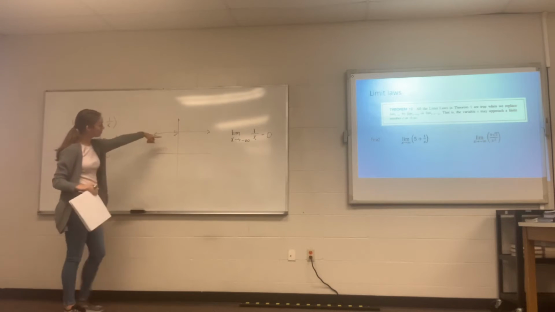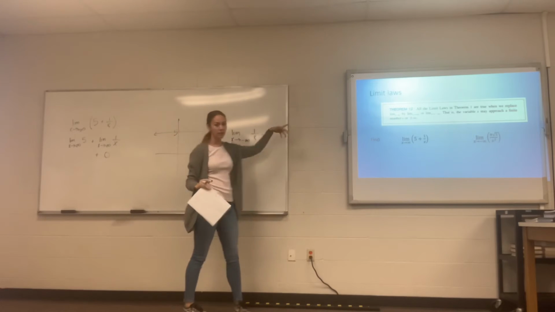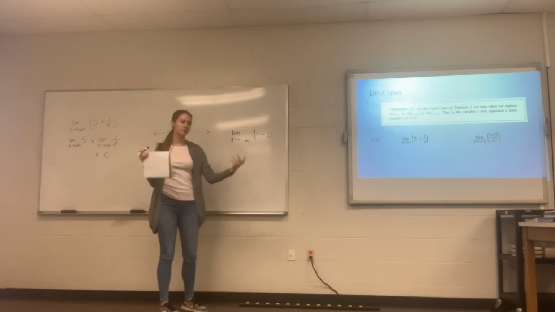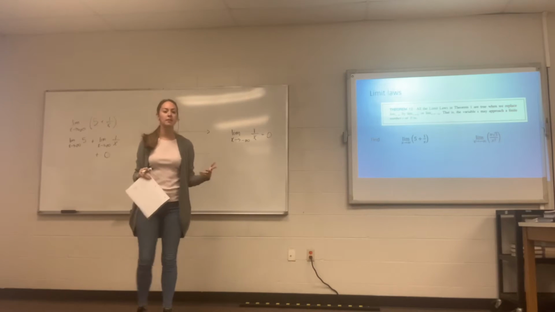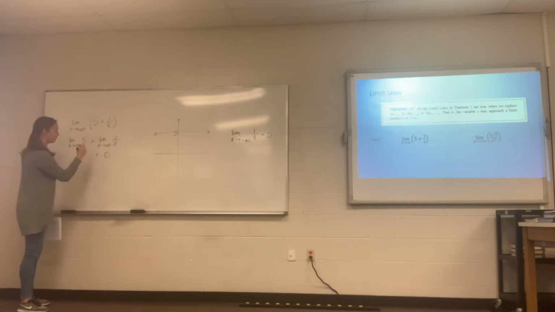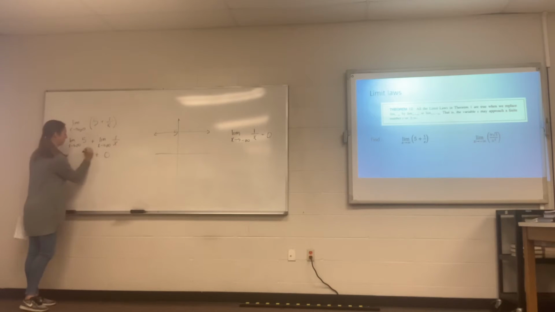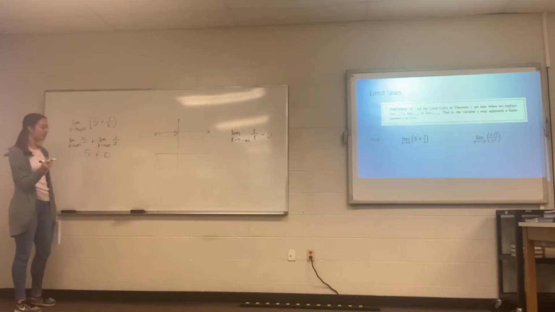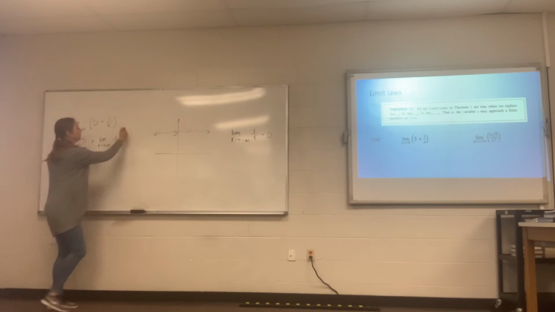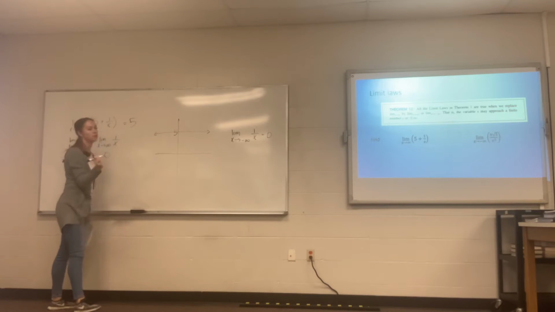As it's going out to infinity, the limit would just be 5 because it's just a straight line at 5. It's always being limited to 5. So my limit as x approaches infinity of 5 would just be 5. So I would then have 5 plus 0, which is going to give me 5. So my answer for that one would be 5.